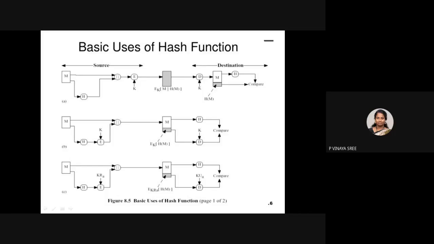If we are providing encryption, then along with integrity we are even providing confidentiality. So here it is encrypting with a K, which is symmetric, so that you will have the message concatenated with the hash message, which will be encrypted with K. Here the receiver has to decrypt with K. So it has decrypted with K, so what will the receiver get?